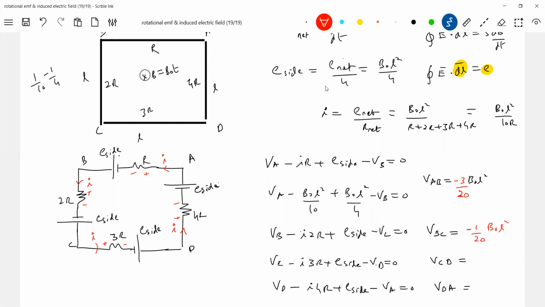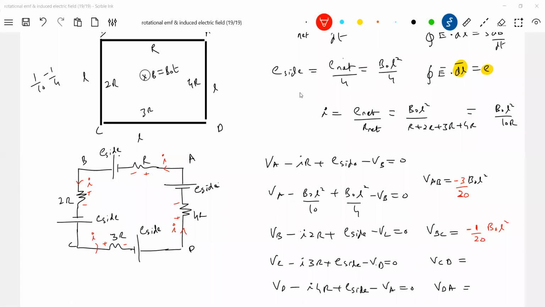Minus 1 only. VBC is minus 1 by 20. Okay, fine.